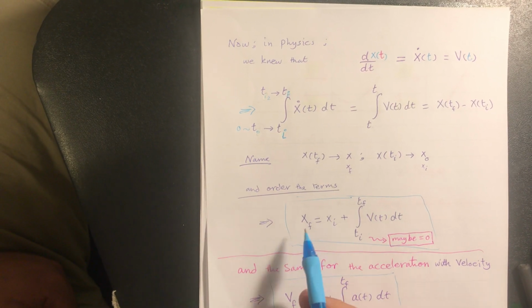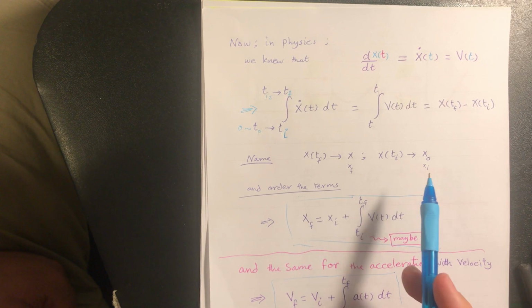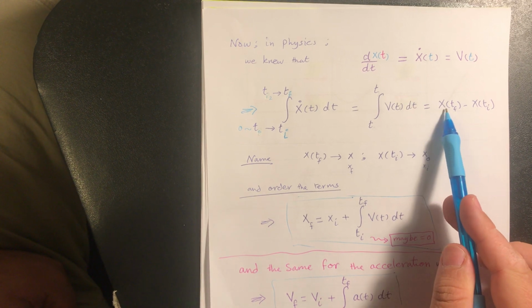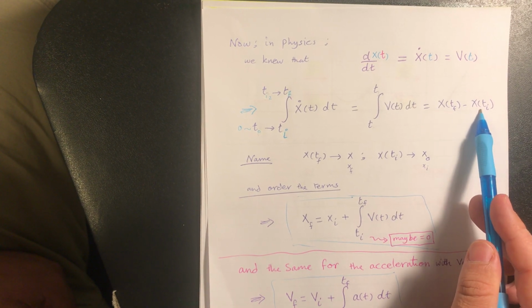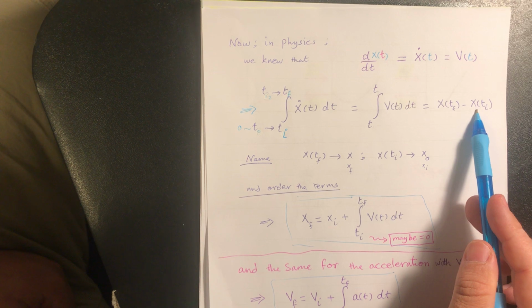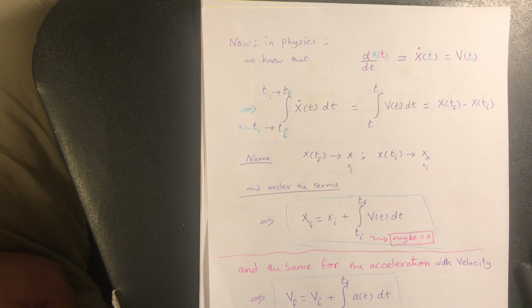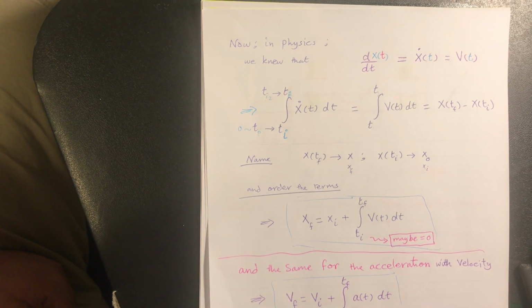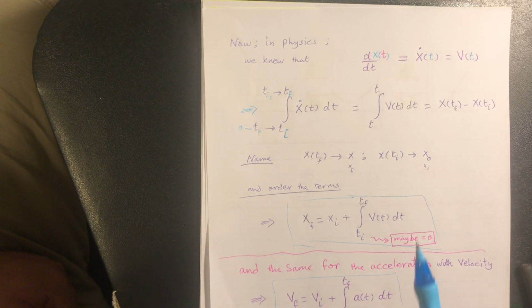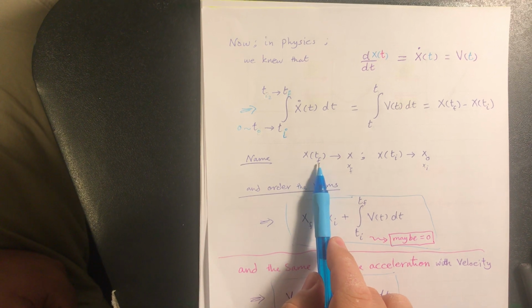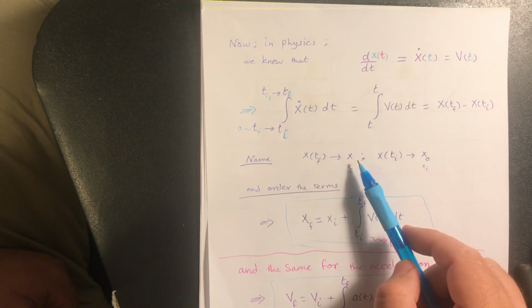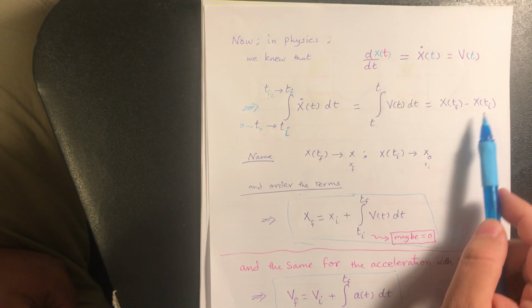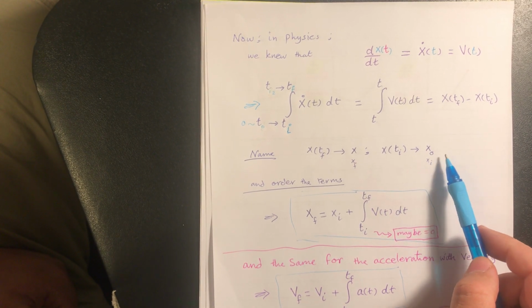So if we integrate v of t, it will be equal to x final minus x initial, as the properties of the integration. We need just to name x at t final, this one we can name x, or x of t, and x at t initial, x naught, it may equal 0.